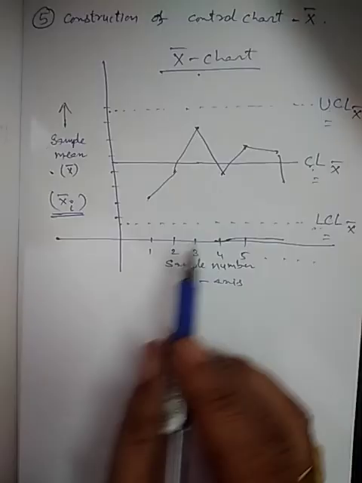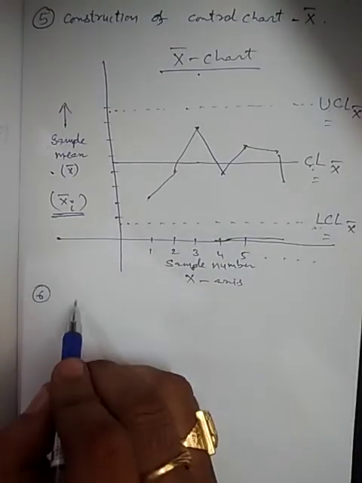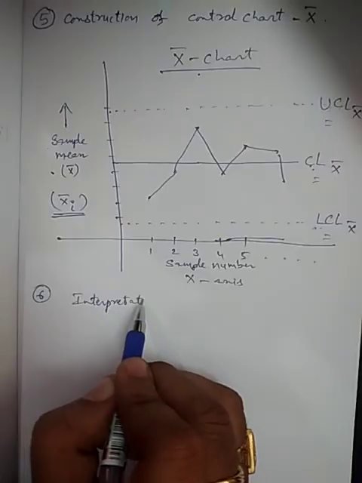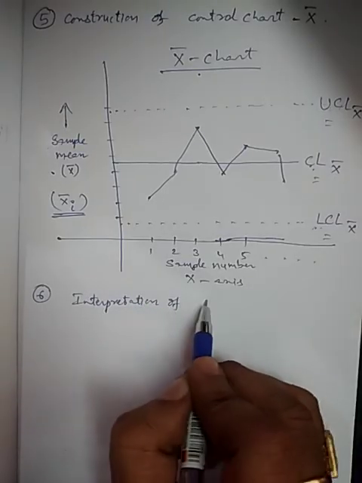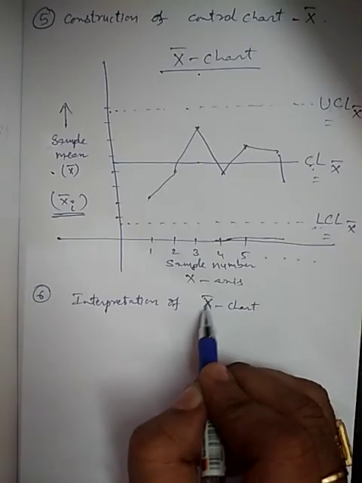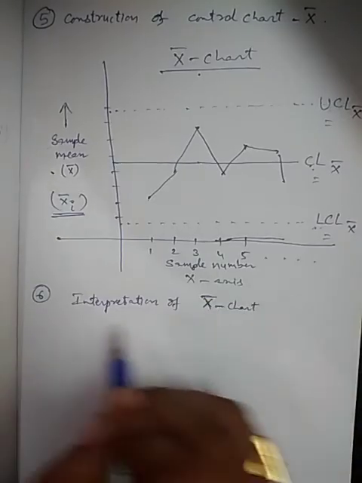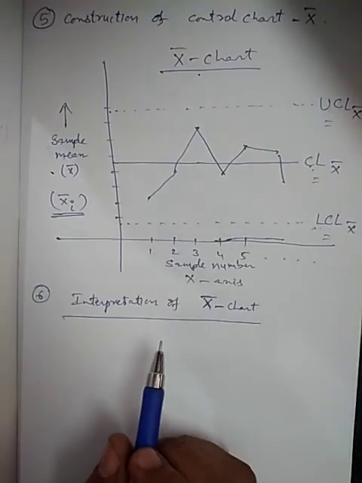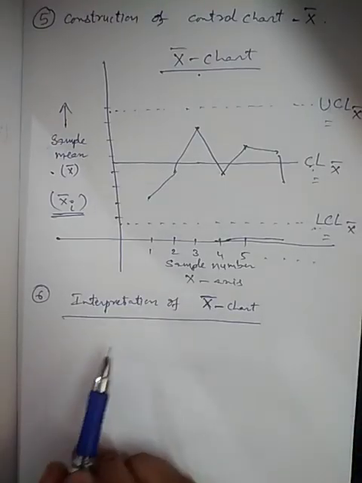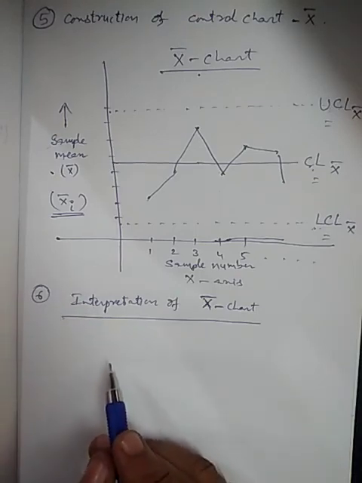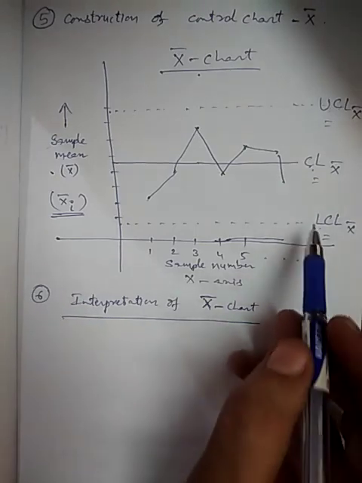Now the sixth point is interpretation. Interpretation of x bar chart. For any kind of control chart, the interpretation is the same. What is that? If all the sample points fall between the LCL and UCL.